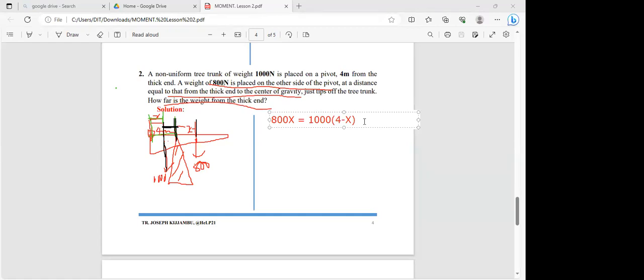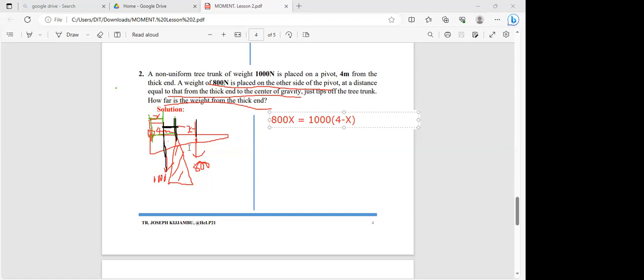Someone is asking us, how did we get the position of the 1,000? Now, if you read this question, if 800 is on one end, that means that the 1,000 must be on the other end. And being that this track is non-uniform, and we have one thick end, thick end means that one side is big, whereas the other is small.